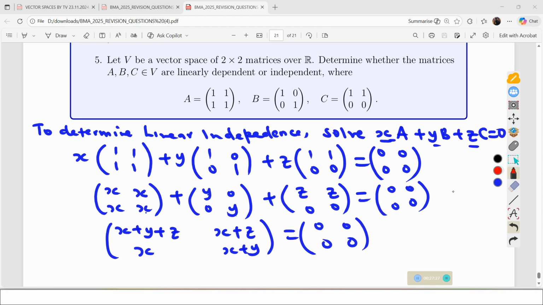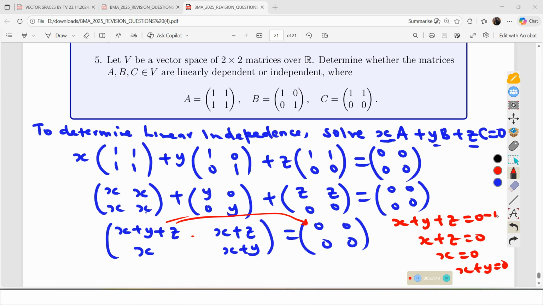So from here we obtain 4 equations. x plus y plus z is equal to 0. We equate the corresponding entries to 0. x plus z is equal to 0. x is equal to 0. x plus y is equal to 0. So 1, 2, 3, and 4. From there, obtain the values for x, y, and z. So x is 0.